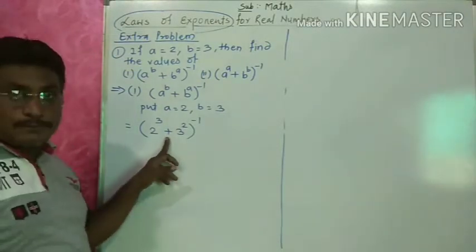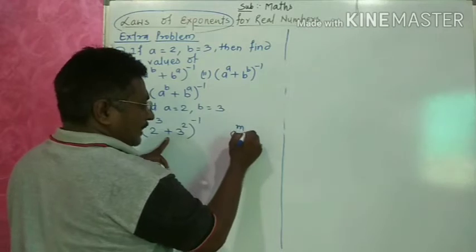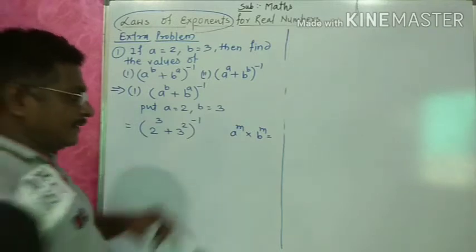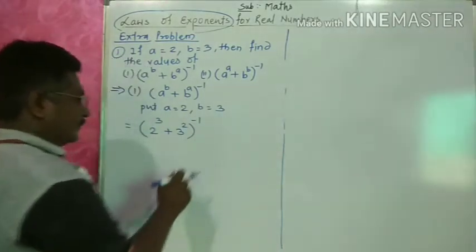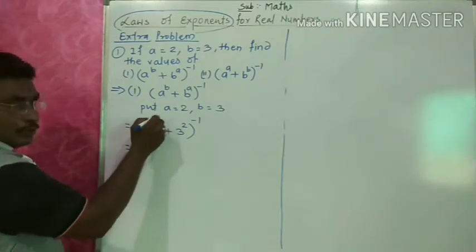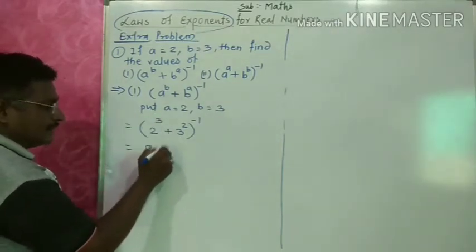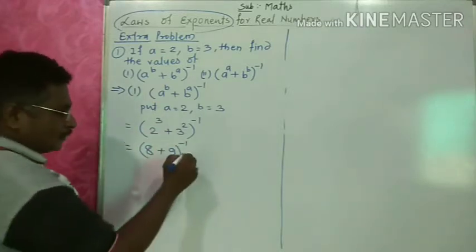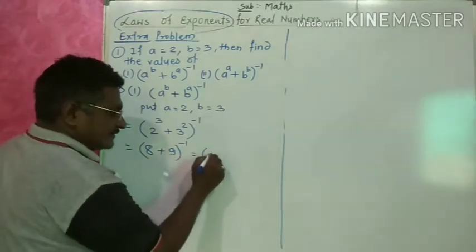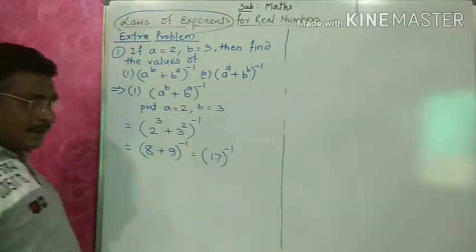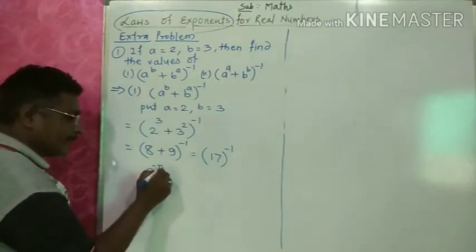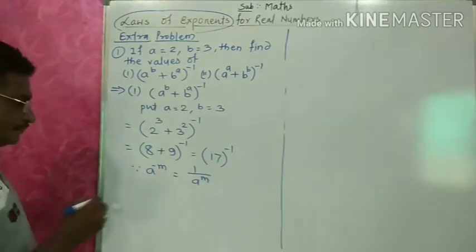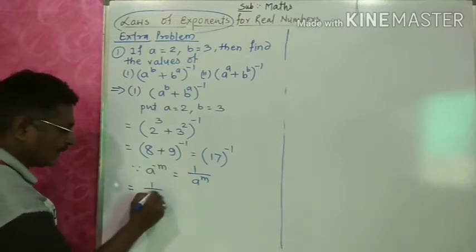So don't use the law. Which law? This one: a raised to the power m into b raised to the power m. So this law is not applicable. So don't use this law. So what has to be done here? 2 cube means 8 plus 3 square means 9, raised to the power minus 1. So what will we get? 8 plus 9, 17 raised to the power minus 1. So now a raised to the power minus m is 1 by a raised to the power m. So what is the answer? 1 by 17.